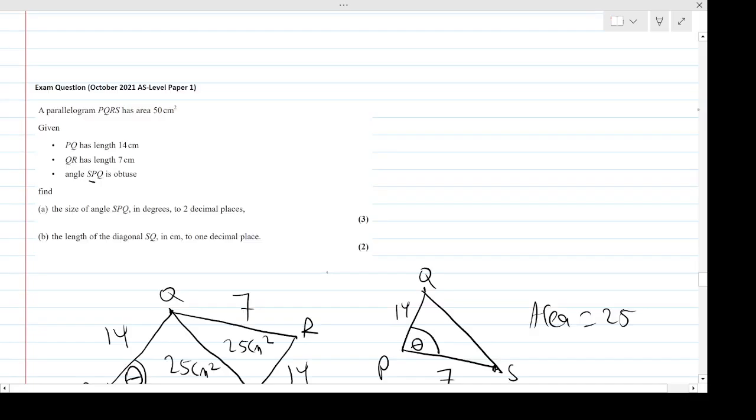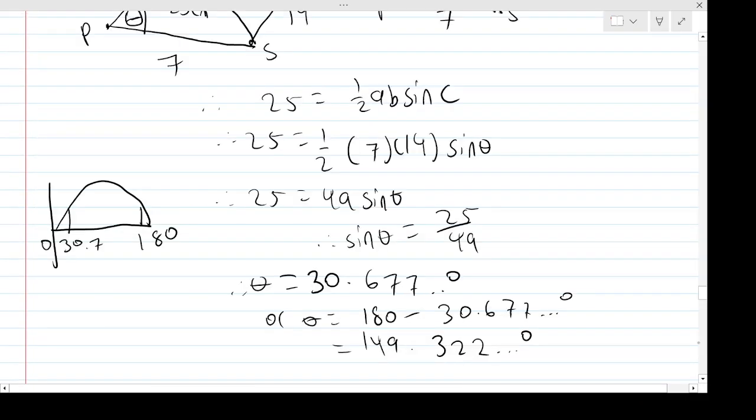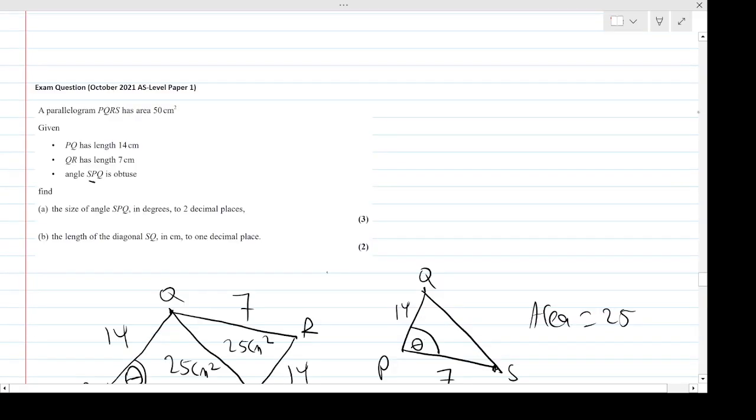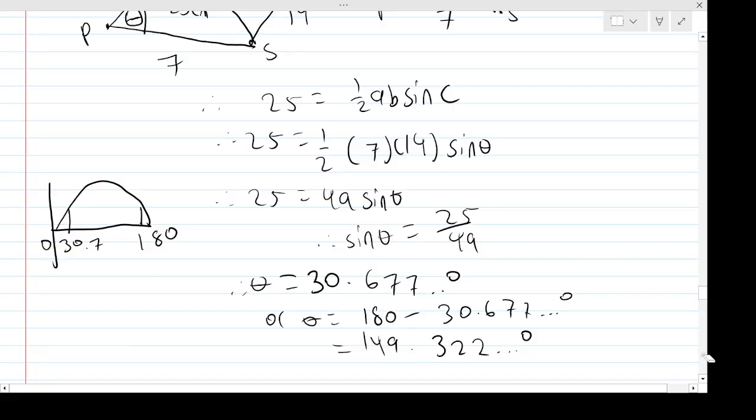So I've got two solutions then. I either got this, 30.677, or this, 149.322. Which one do I take? Well, in this case, it told us the angle's obtuse, which means it has to be bigger than 90, and less than 180, obviously, because then it'd be reflex, but you know what I mean. So above 90, therefore we have to take this bigger solution.